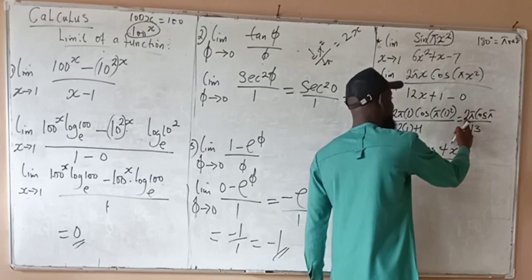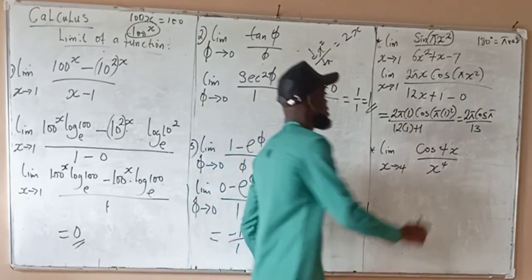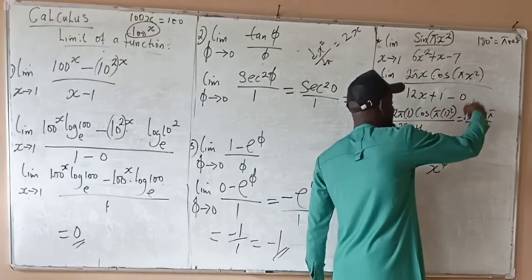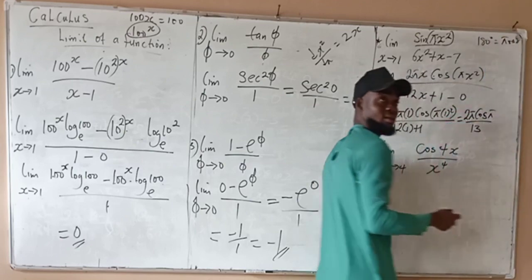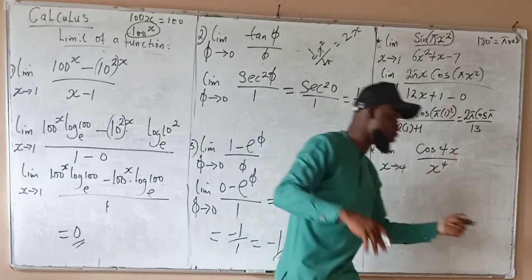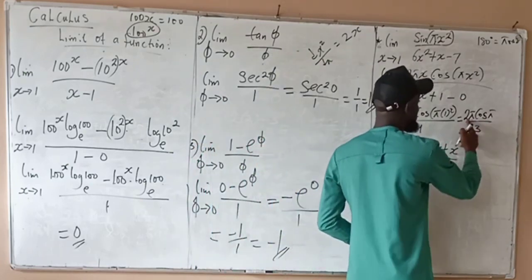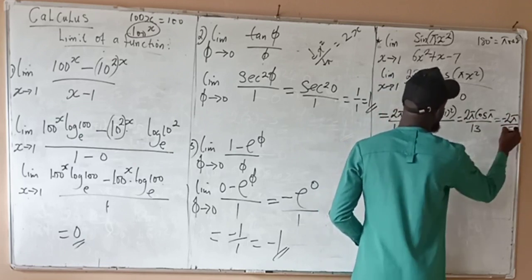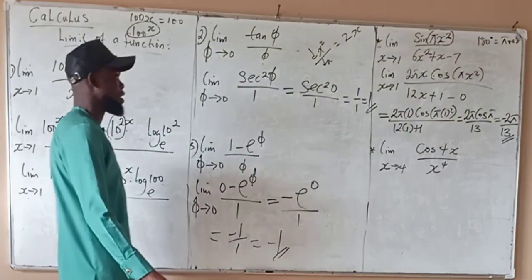Minus 1 times 2 pi. Or cos pi is also treated as minus 1. Take note: in radians, cos pi is minus 1. In degrees, cos 180 is minus 1. 180 degrees and pi radians are the same thing. Let's not go there; just cos pi is minus 1. Minus 1 times 2 pi, and it is minus 2 pi over 13. So the final answer is minus 2 pi over 13.